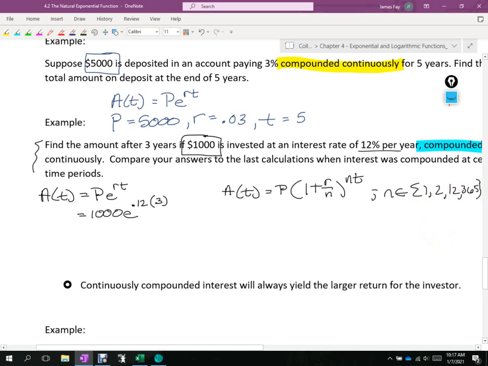Okay. So if we were to compare these things, let's use Desmos here.